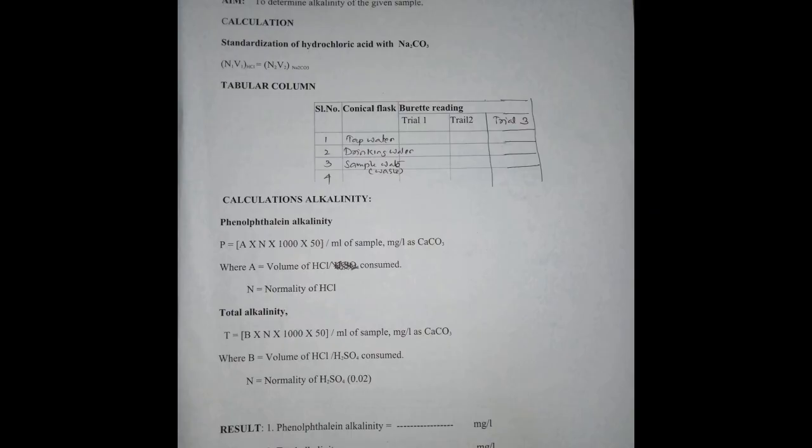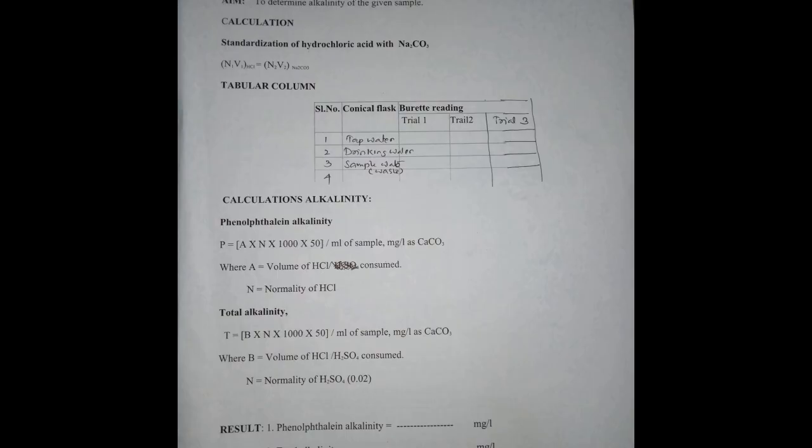If you are not getting any phenolphthalein alkalinity, you continue by adding another indicator and find the run down volume, that is B, where B is the volume of HCl consumed. N is the normality you get after preparation and standardization. By using these two values, you can calculate T, the total alkalinity.